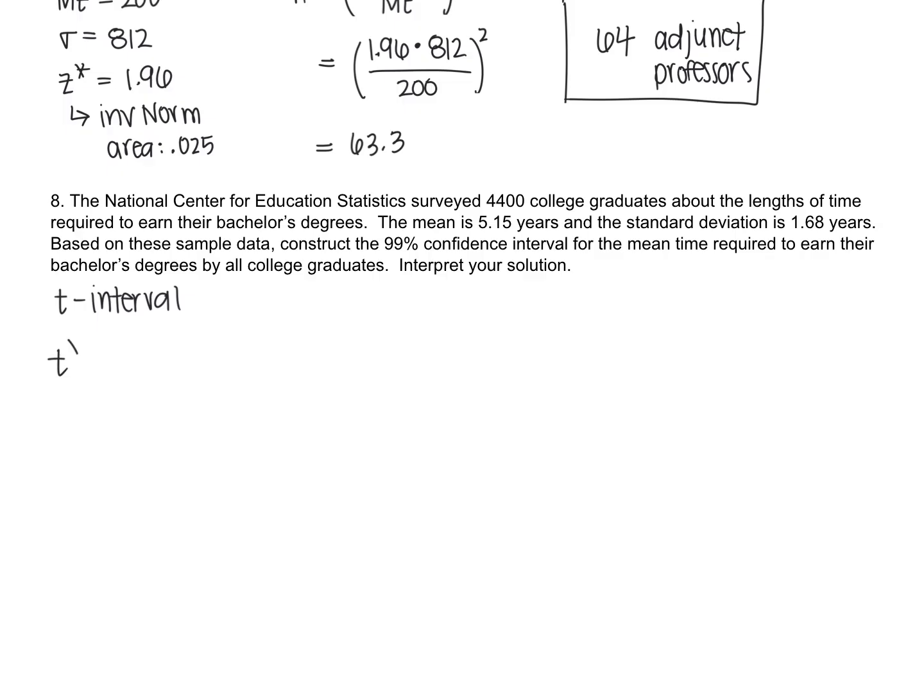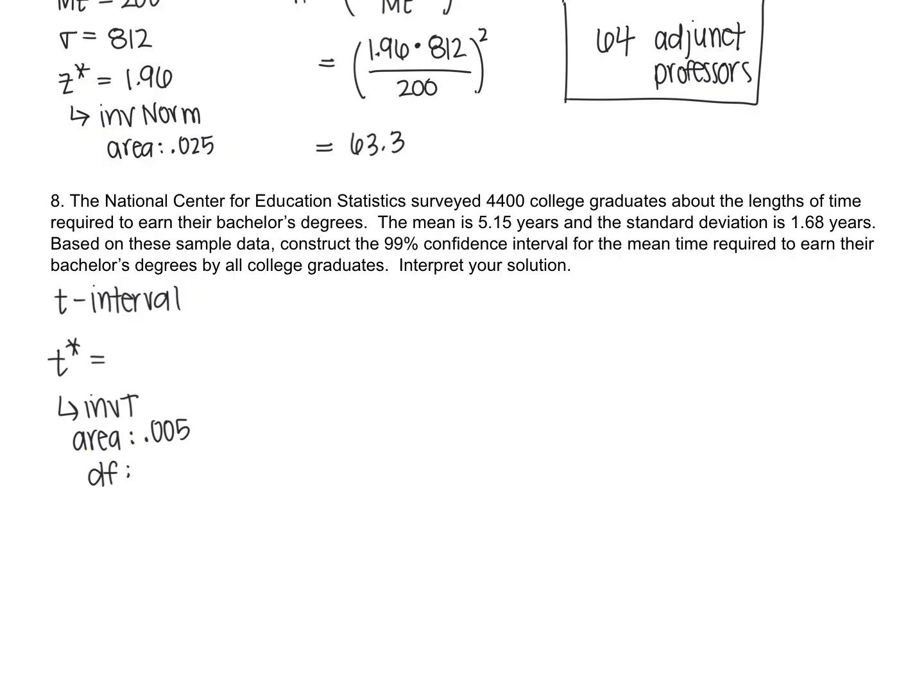So when we calculate our t critical value, we go to INVT. The way we find the area is the exact same way we do if we do INV norm. So remaining percent to 100 divided by 2, which in this case would be 0.005. And then we need our degrees of freedom, which is always sample size minus 1.